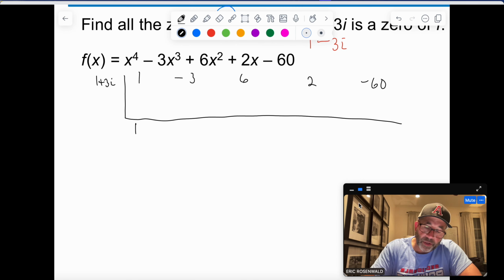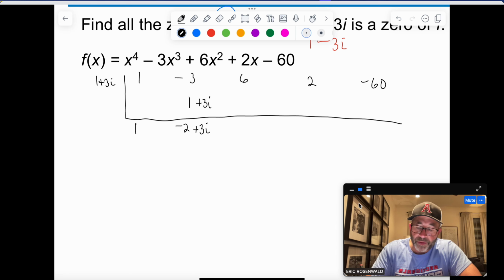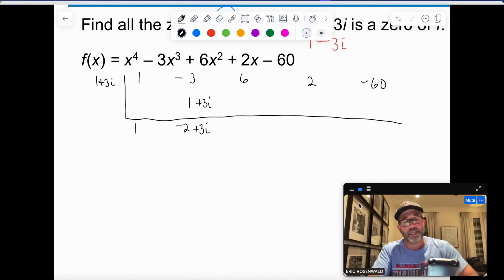Let's multiply, and we're going to have 1 plus 3i, which will give me negative 2 plus 3i. Now, we're going to have to multiply 1 plus 3i times negative 2 plus 3i, and I'm going to just jump ahead here.